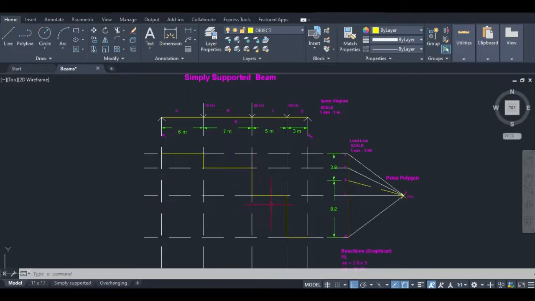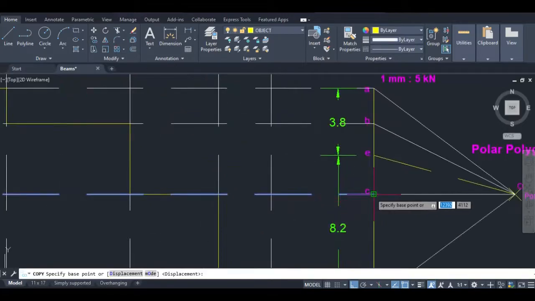So I try not to put in that closing line, that E, as yet until I have done all the other aspects of my shear force diagram. So I'm just going to copy this line now and just put it up to E.